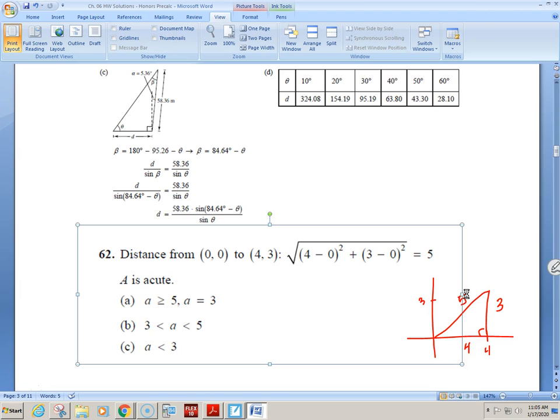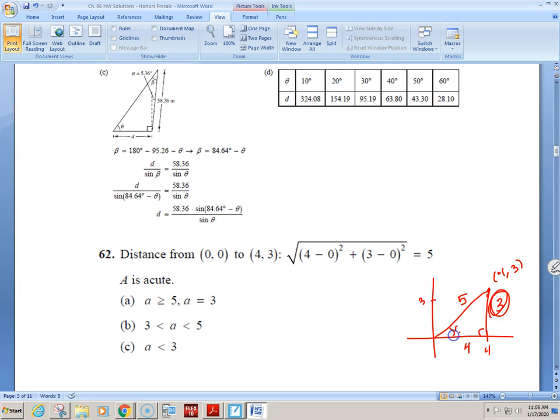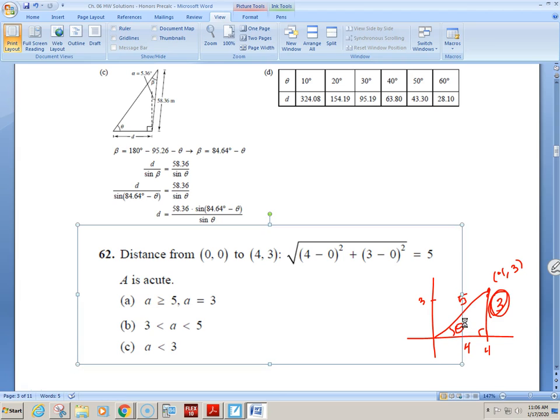So if we have the point 4, 3, right? We would go over 4, we go up 3, which means that diagonal is 5. And then they're saying, okay, what would this side need to be? Well, 3 is straight down. So if it equals 3, there's only one triangle. If it equals 3, it has to go straight down to connect, to make that little triangle with those pieces.